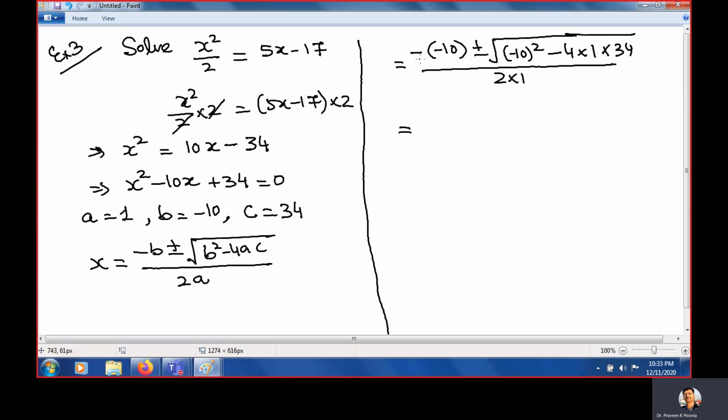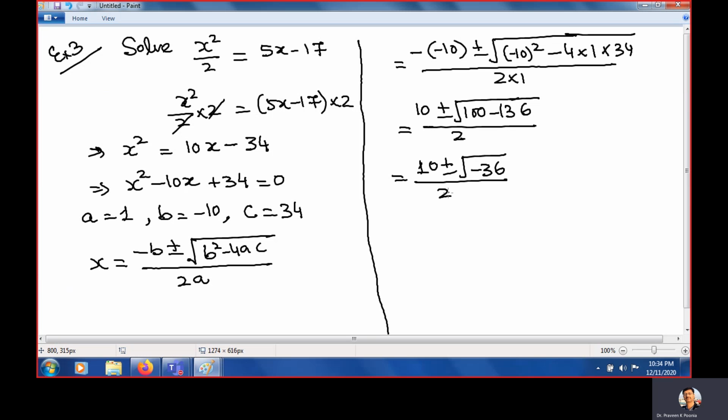Okay, so minus minus plus, so 10 plus minus 100 minus, if we multiply 4 times 34, 4 times 4 is 16, 1 carry, 4 times 3 is 12 and 1 is 13, so 136, upon 2. Clear? So it is 10 plus minus 100 minus 136, it is minus 36.